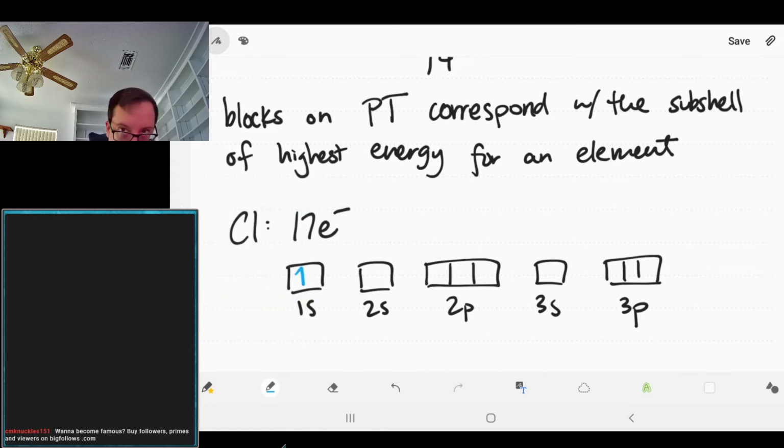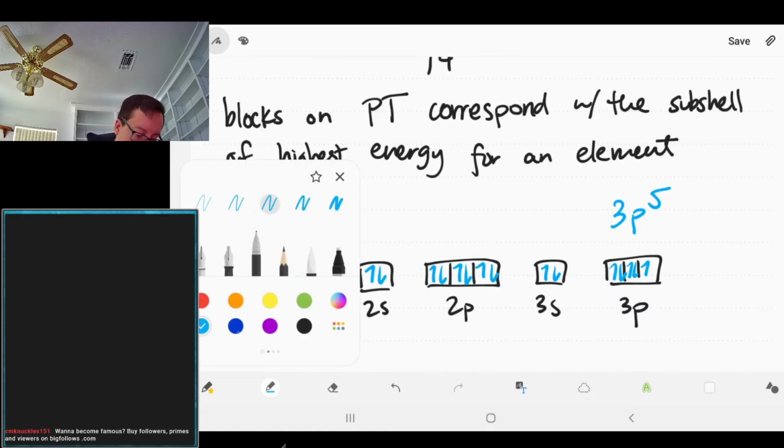We've got one already in there. 2, 3, 4, 5, 6, 7, 8, 9, 10, 11, 12, 13, 14, 15, 16, 17. So notice we have 5 electrons in 3p as our last bit.